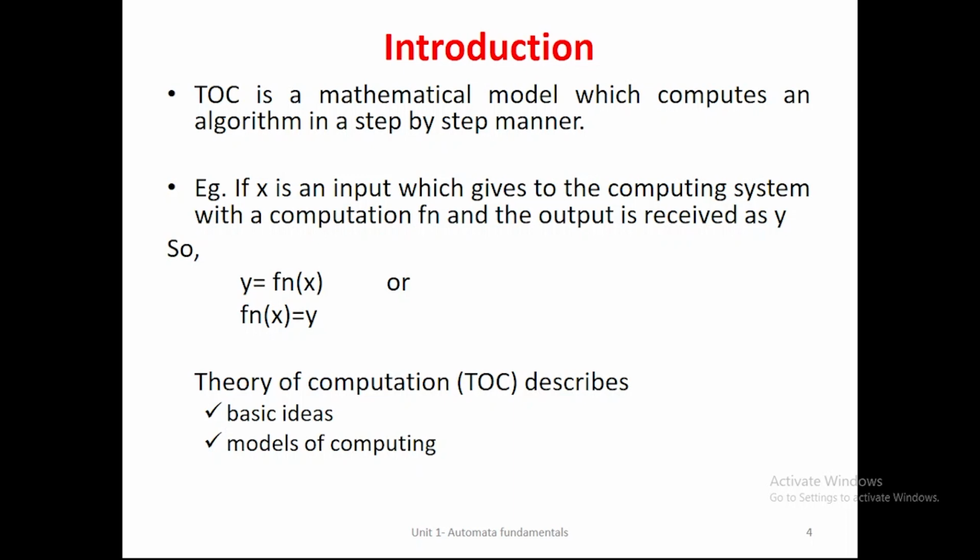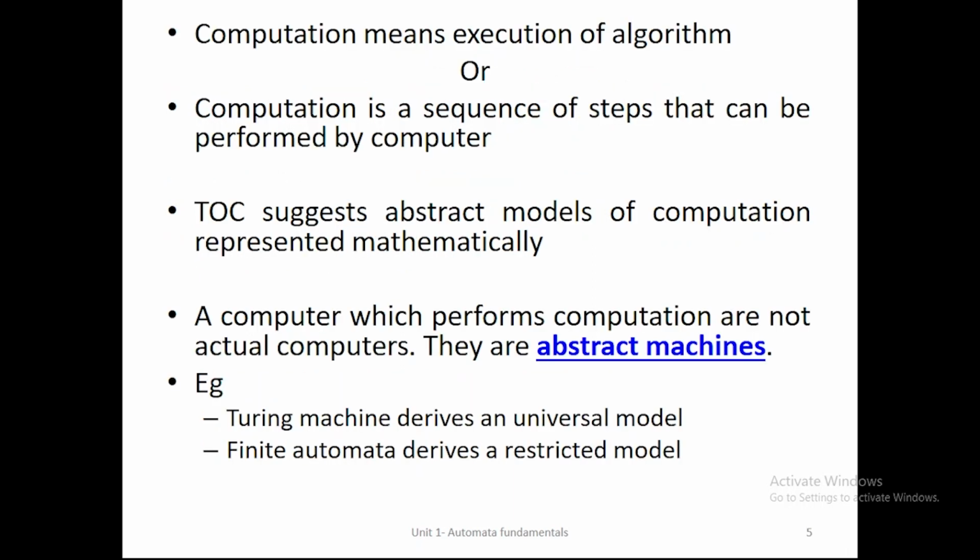The foundation of computer science is divided into two parts, called the theoretical part and the non-theoretical part. The theoretical part comes under theory of computation, and the non-theoretical part can be implemented with the help of theory of programming. We are all aware that theory of computation describes basic ideas and the model of computing those ideas.